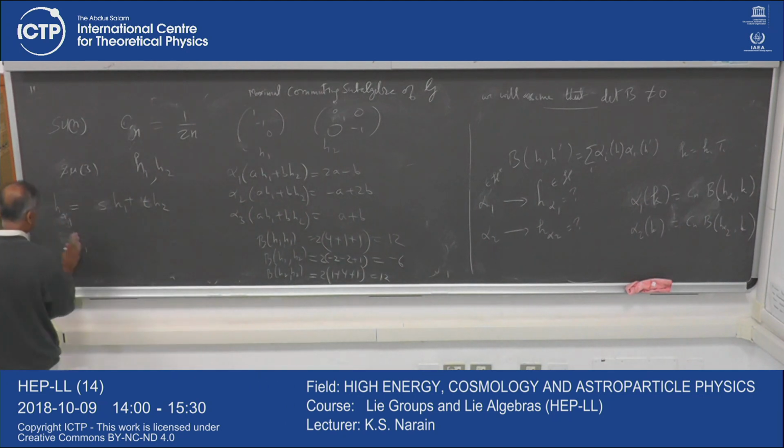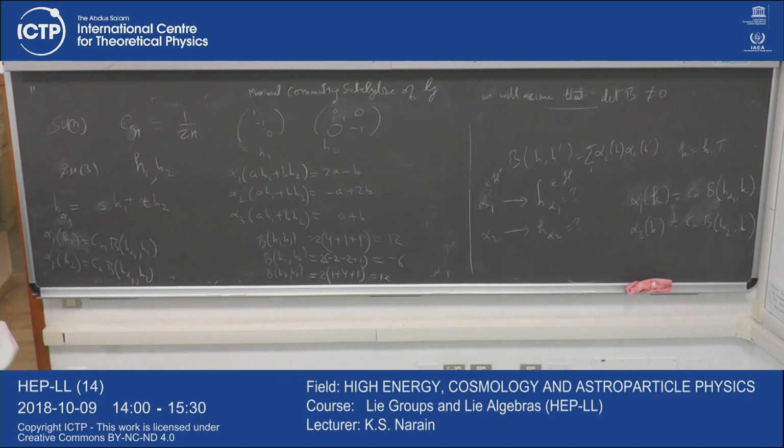One equation: alpha 1 of H1 equals Cn B of H alpha 1, H1, and alpha 1 of H2 equals Cn B of H alpha 1, H2. I have to satisfy both these equations simultaneously to fix H alpha 1, right?